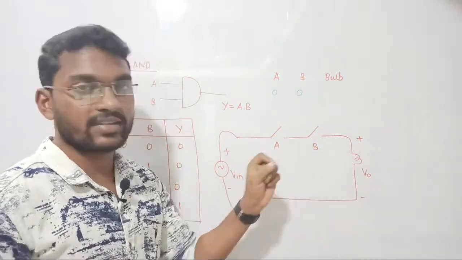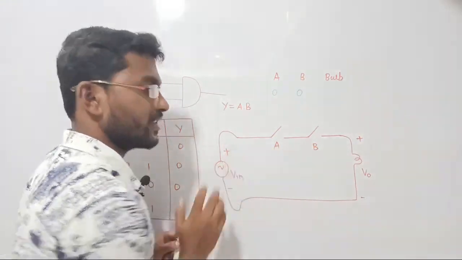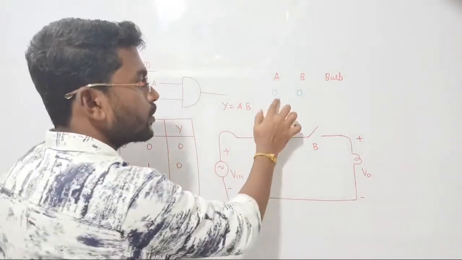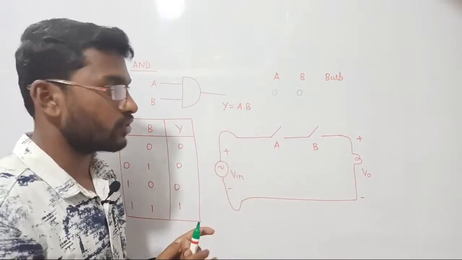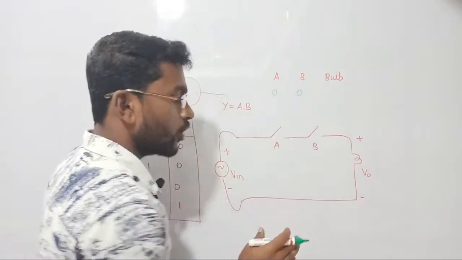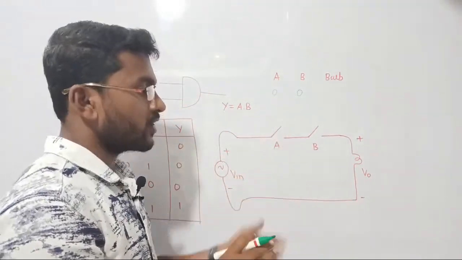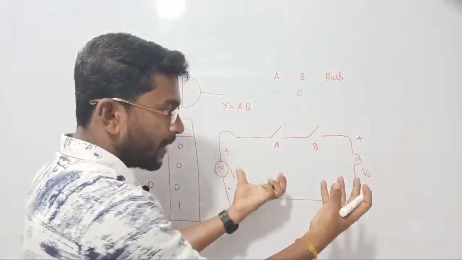If we give 0 to A and 0 to B, what do I mean? I am not triggering either of the gates. 0 0 means ground potential, so your gates are not being triggered by anyone. The conclusion is, if I give 0 0, then both gates are going to be open circuit. If it is open circuit, is there any path for the bulb to glow?